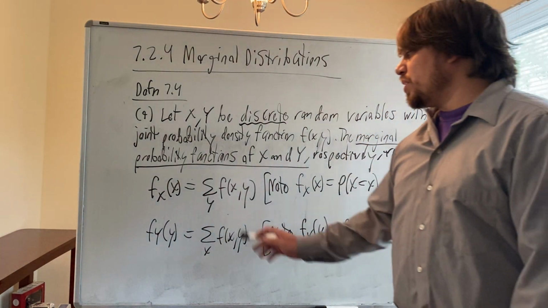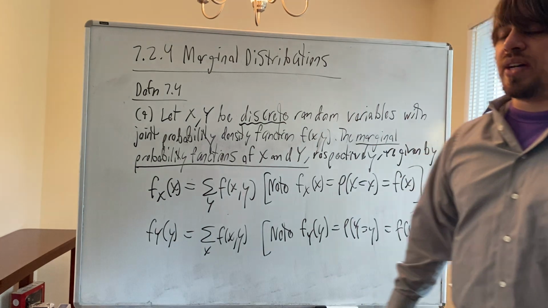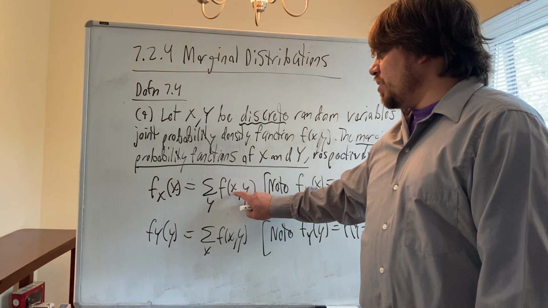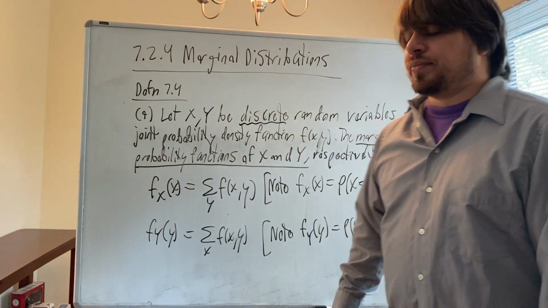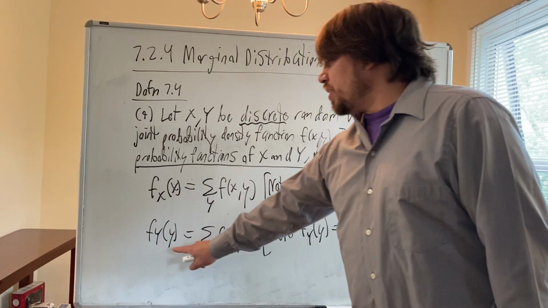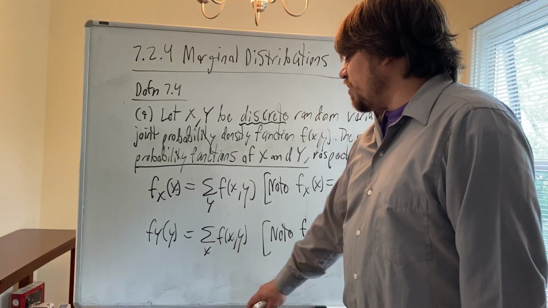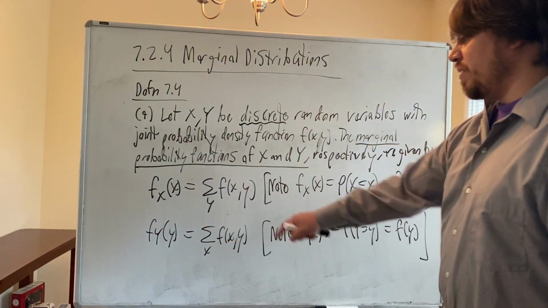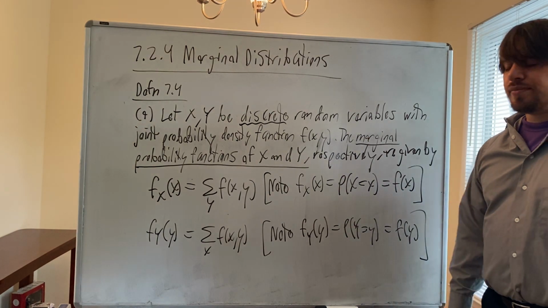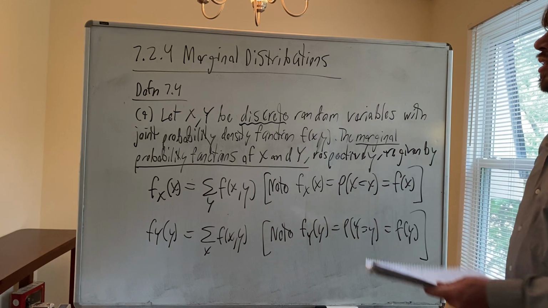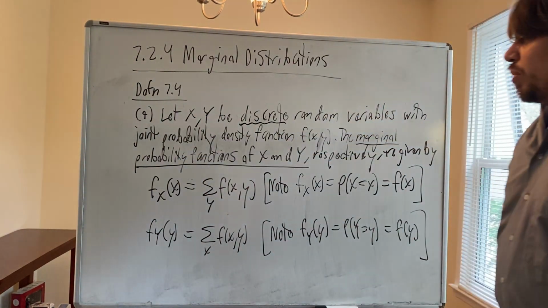And to do that, you just sum over all possible values of y, such that the little x is this one here. And it's the same thing here. The probability that capital Y is equal to little y is the sum over all possible values of x of little f of x comma y. So that is part A of definition 7.4.